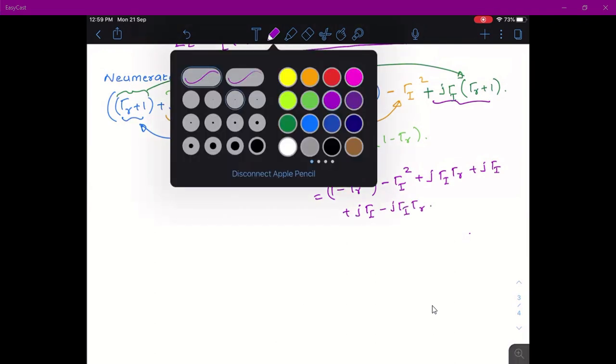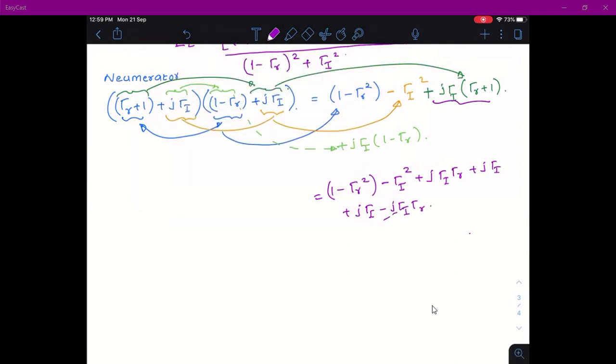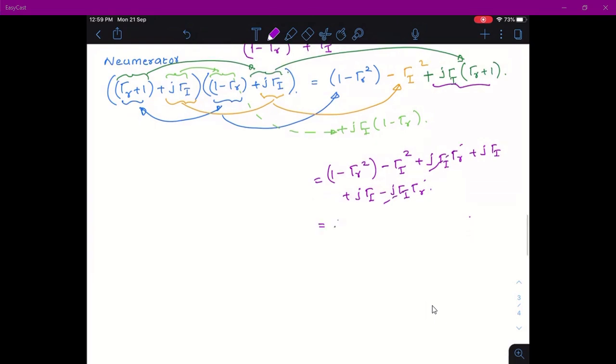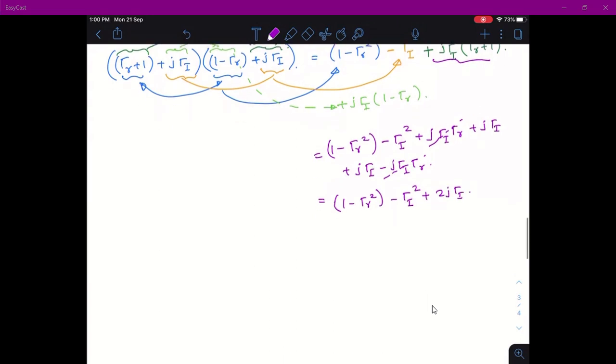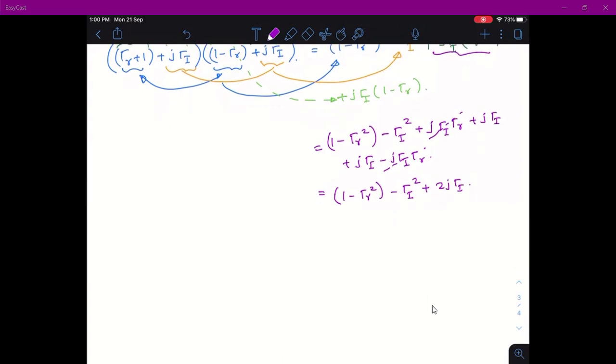So the ones which cancel out are minus j tau I tau r and plus j tau I tau r. So this will be equal to 1 minus tau r square minus tau I square plus 2j tau I. Okay, so substitute in the equation.